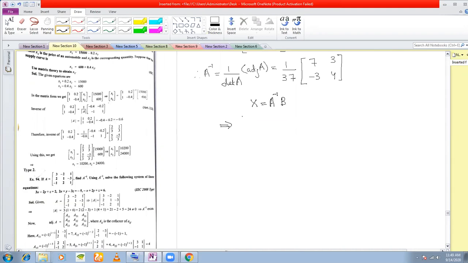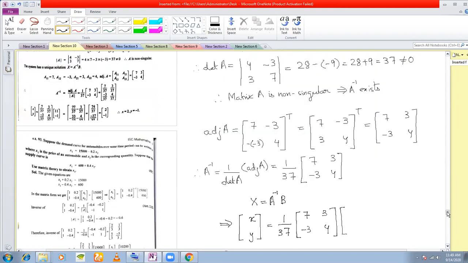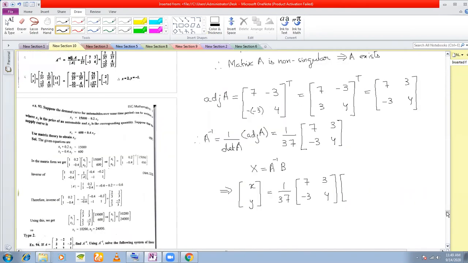So my X here is x, y. A inverse we have found as 1 by 37, 7, 3, minus 3, 4. And B here is 11 minus 1.